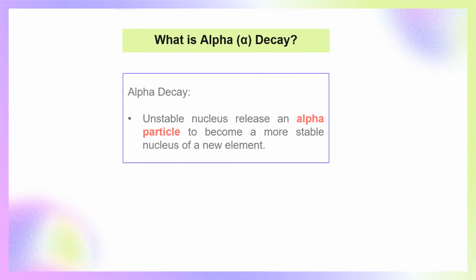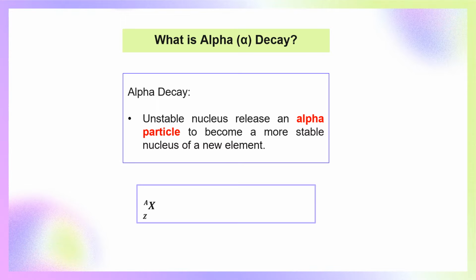Next, let's see the explanation of alpha decay. What is alpha decay? Alpha decay is when an unstable nucleus releases an alpha particle to become a more stable nucleus of a new element. We can also write the equation for alpha decay as shown in the slide.